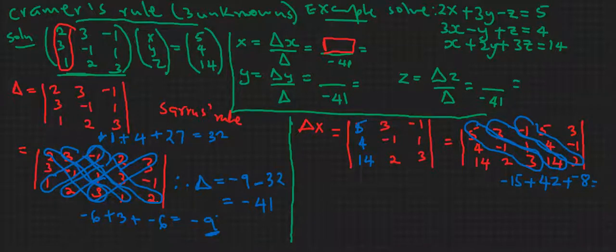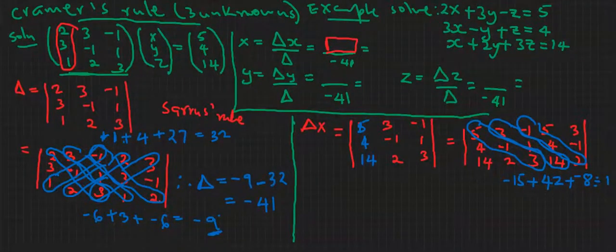And this will give you negative 15 plus 42 minus 8, and that is 19.